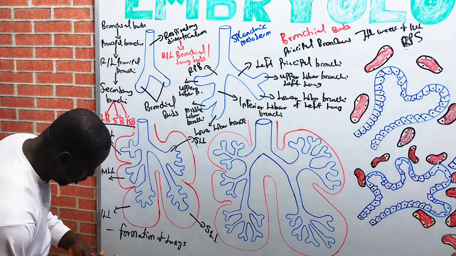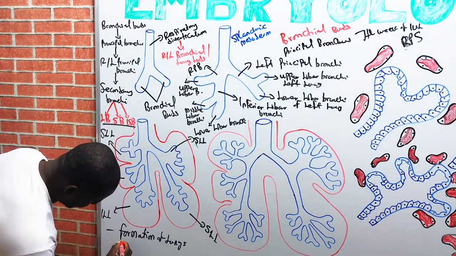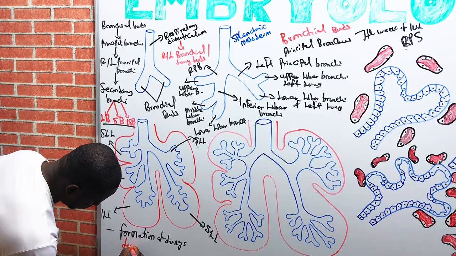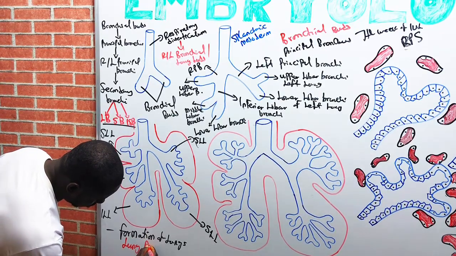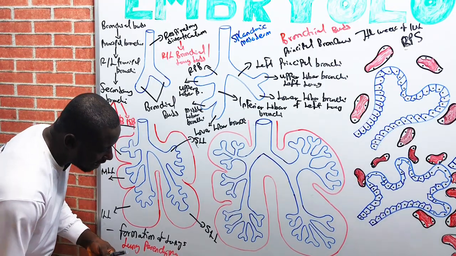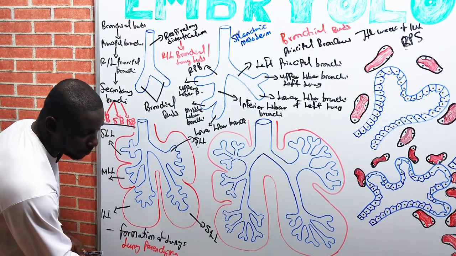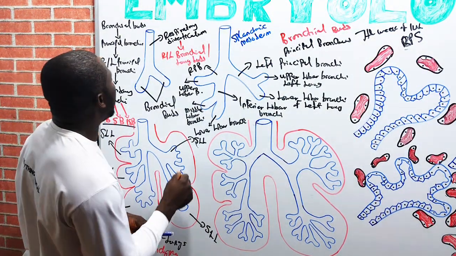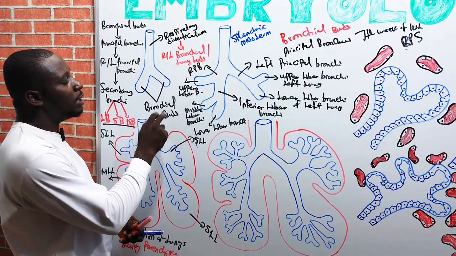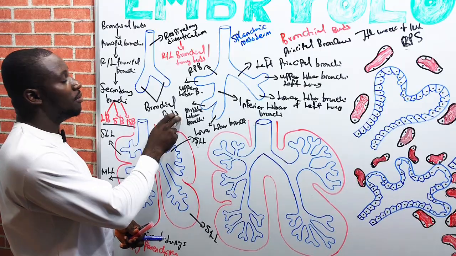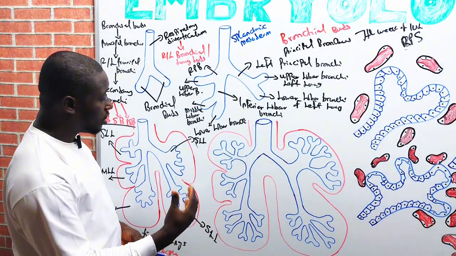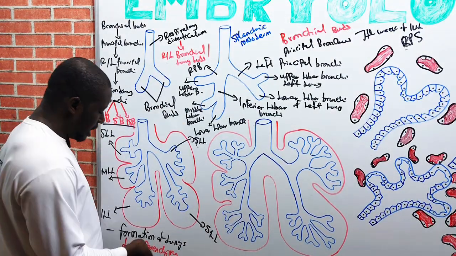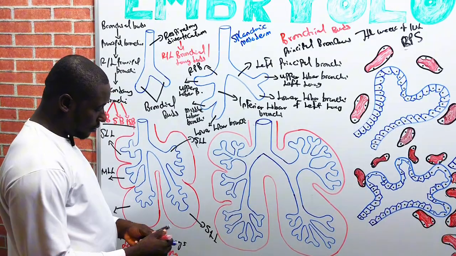It evolved from the lung parenchyma or parenchyma of the lungs. Recall that this lung parenchyma is formed from the bronchial bud, because the bronchial bud gives rise to the bronchi, which we have just discussed, and also the lung parenchyma.